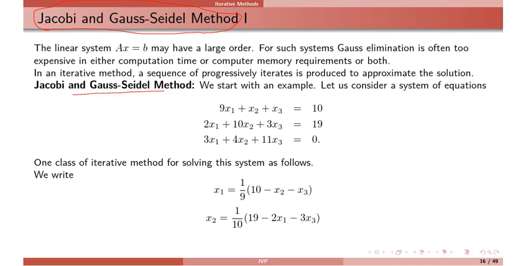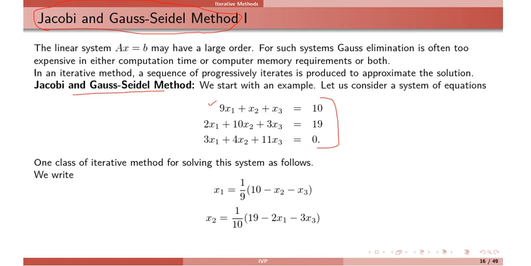So let us consider a system of equations, a 3x3 system, and firstly we solve one equation for x1. You can solve any equation for any variable. So let us just start with first equation and solve for x1.